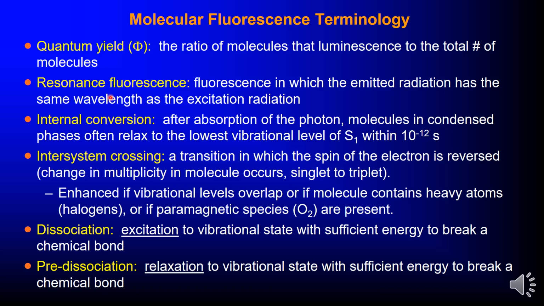Then we have resonance fluorescence. Fluorescence in which the emitted radiation has the same wavelength as the excited radiation. So that is what we call resonance, same wavelength. Then we have internal conversion. After absorption of the photon, molecules in condensed phases often relax to the lowest vibrational level of S1 within 10 raised to power negative 12 seconds.